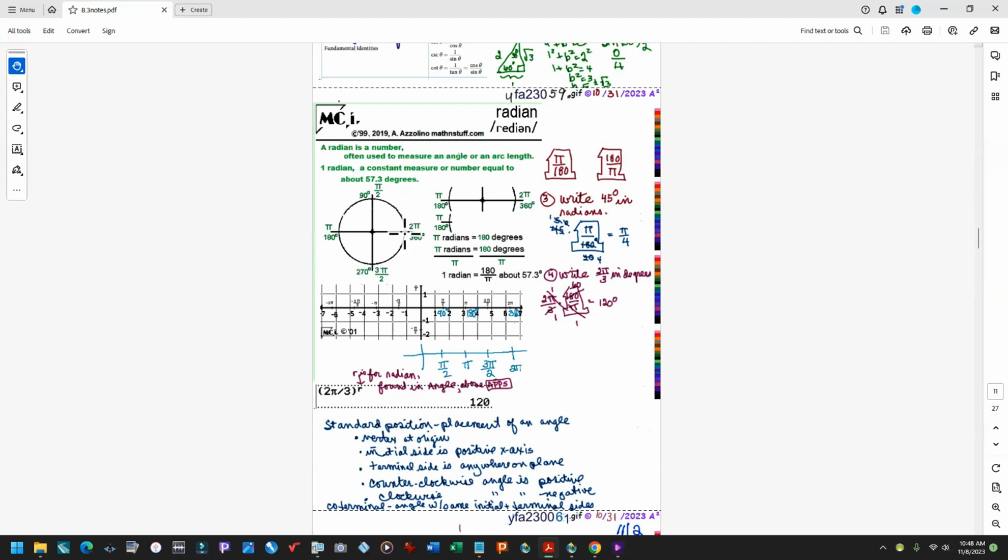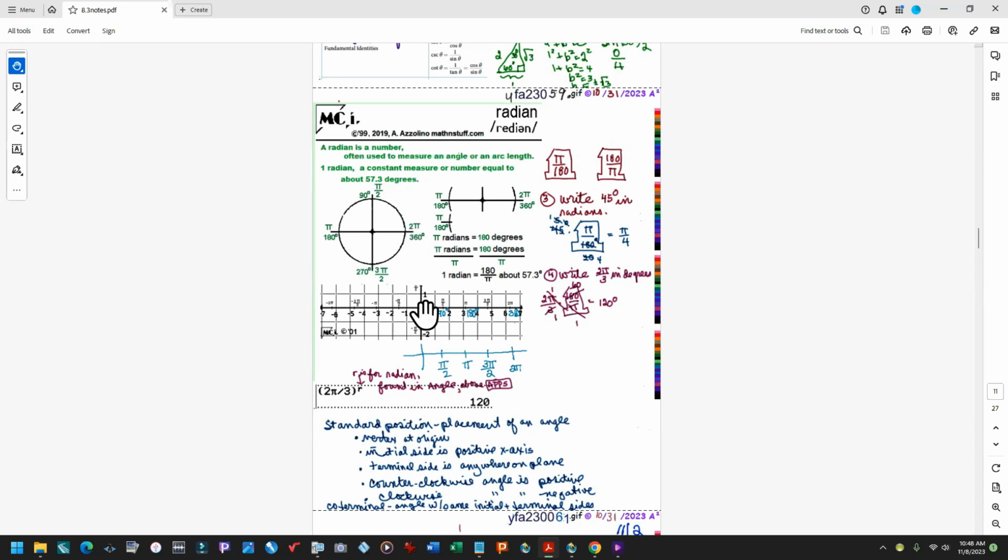If you go around the circle counterclockwise once, you get 2 pi radians. If you go around the circle twice, you get 4 pi radians. Around again, 6. Around again, 8 pi. If you go backwards, if you go in a clockwise direction, around once gives you negative 2 pi, then negative 4 pi, and so on.